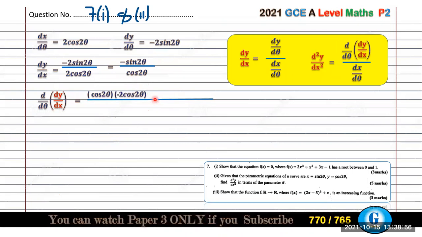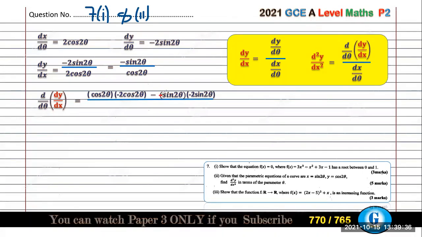Now minus the top constant, that is minus sine 2 theta, differentiate the bottom, we are going to have minus 2 cos... so we have 2 minuses here.